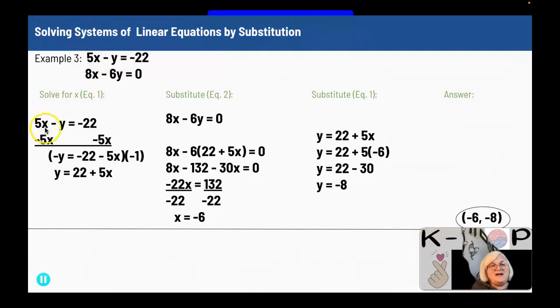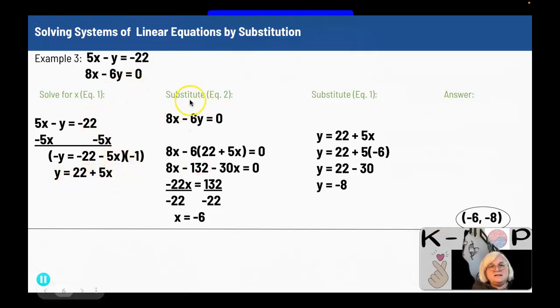So I'm taking 5x minus y equals negative 22. I subtract 5x from both sides. I get negative y equals negative 22 minus 5x. I multiply through by a negative 1 because I need to solve for y, not negative y, and I get y equals 22 plus 5x.